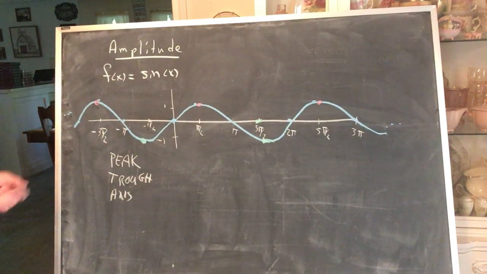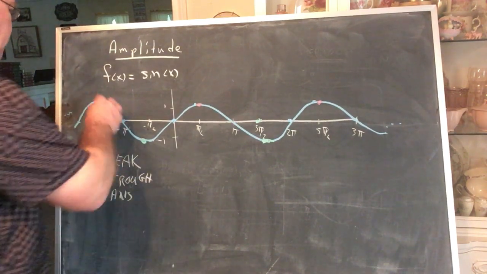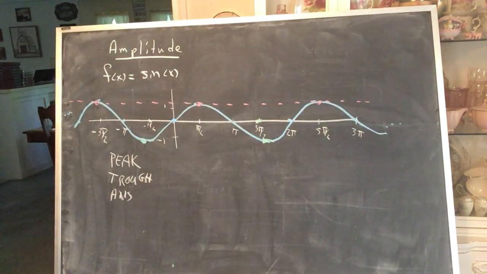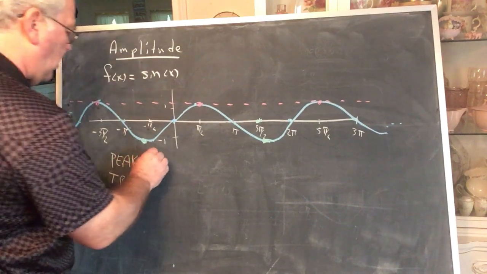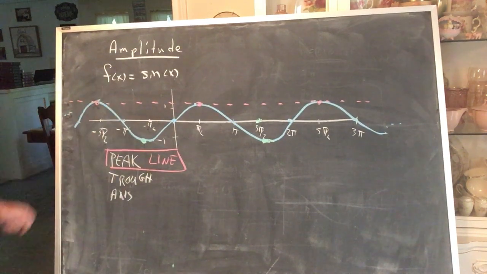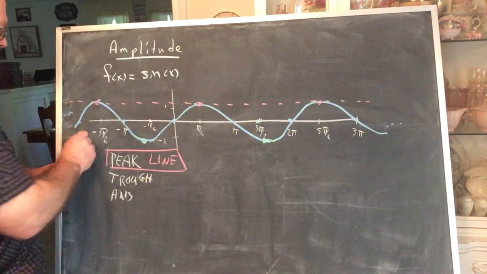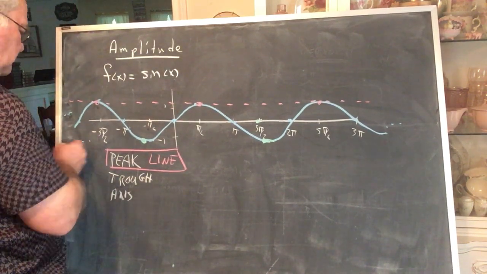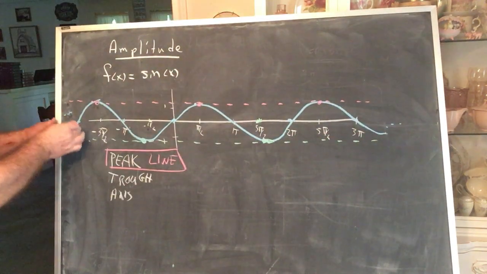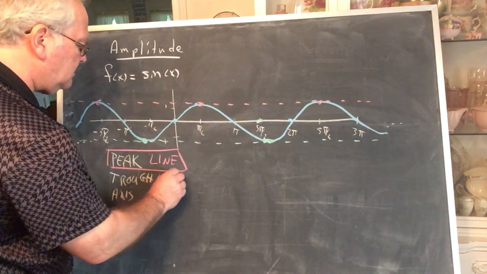And then if we consider the line that passes through all those peaks, that's called the peak line. And then similarly, if we draw a line that passes through all the troughs, is it clear there would be an infinite string of them going out in both directions? That would be the trough line.